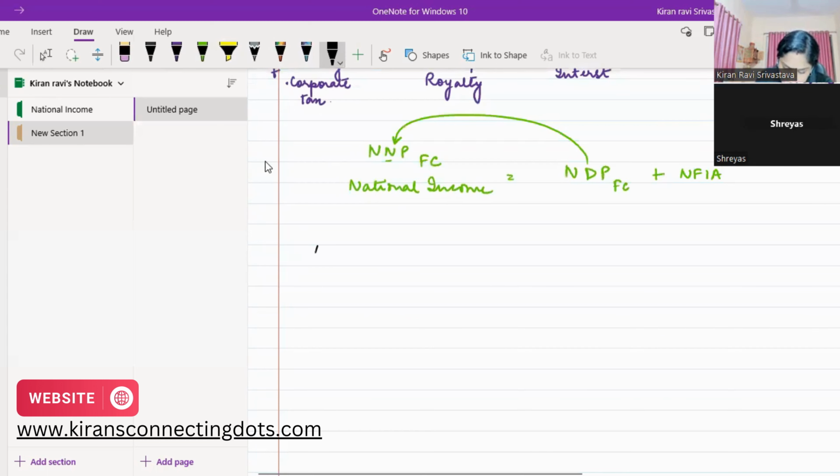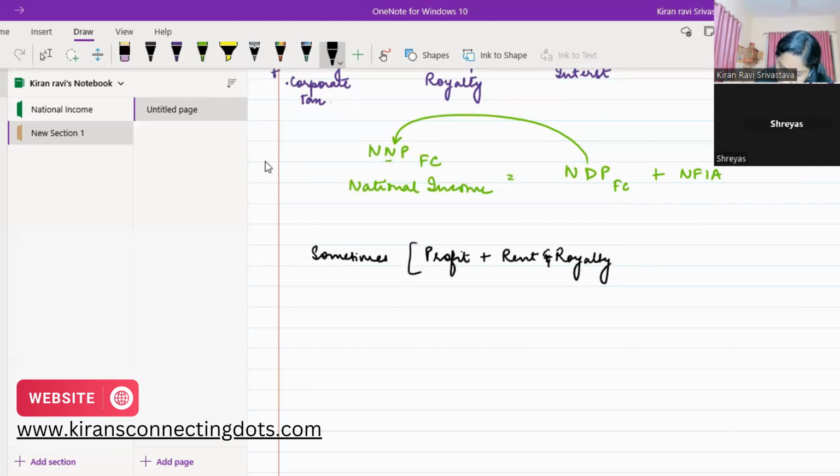Now one more thing. Sometimes profit plus rent and royalty plus interest.